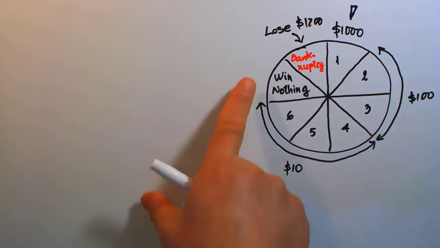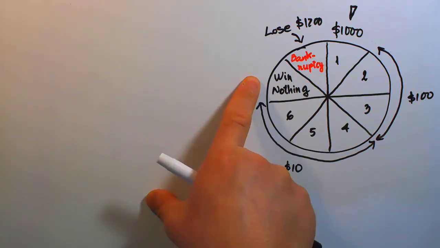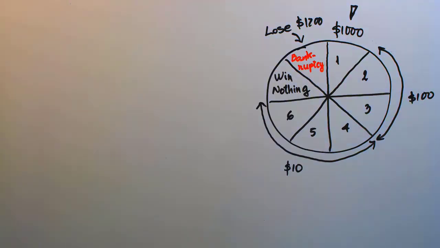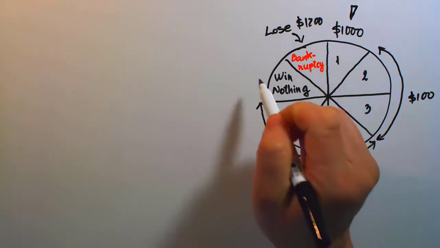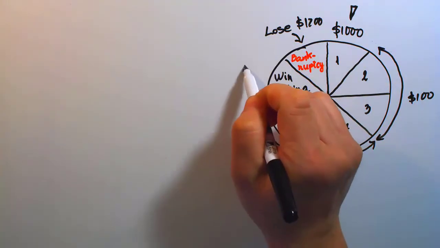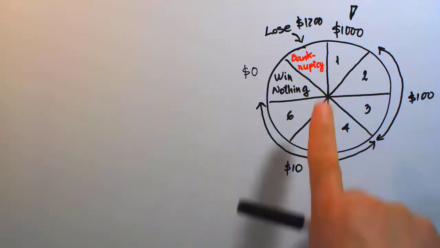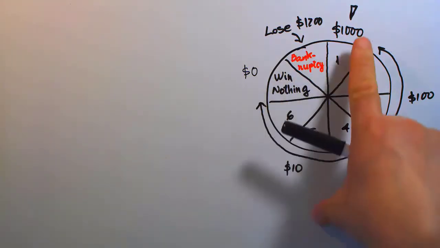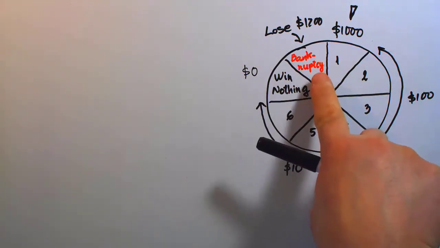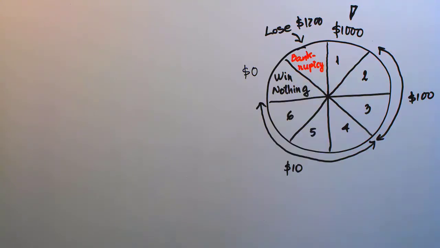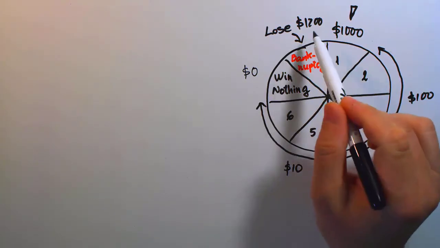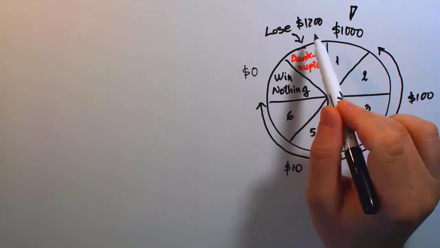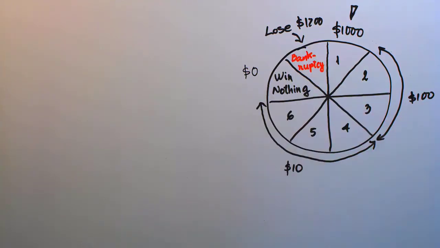And there's one particular sector labeled win nothing, meaning if the needle lands there, we're not losing, but we are earning $0. If the needle lands in the area that says bankruptcy, then we lose a flat amount of $1,200. This is a losing amount taken out of your pocket.